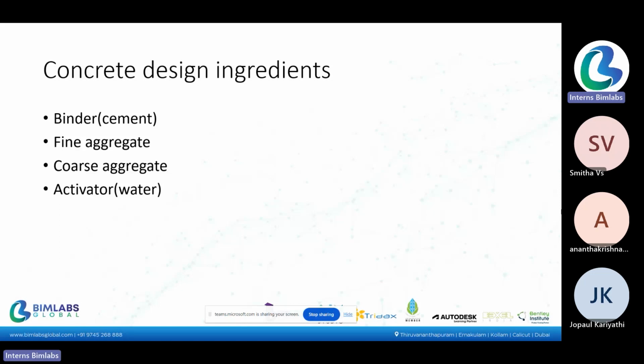The binder binds together, and the activator activates that process. When binder and aggregates are mixed, water is added and it gets activated. So we have a binder, fine aggregate, coarse aggregate, and an activator. These four are the ingredients we need during concrete design.